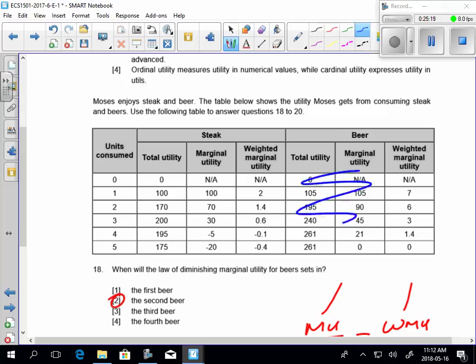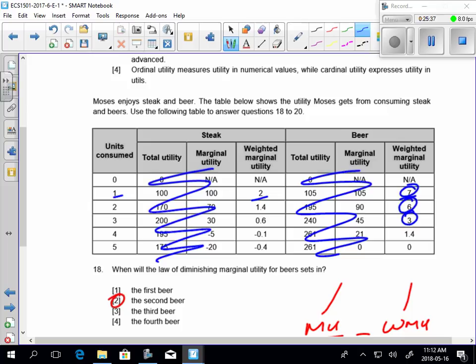Obviously, we can see here that for your first unit, you can get 2 or 7 units of utility per Rand value. Obviously, you're going to buy a beer first, 763. All right. Only for your fourth unit of consumption can you see that your weighted marginal utility is now actually greater for steak. So you're going to buy a steak.